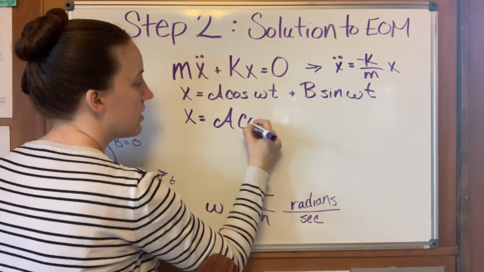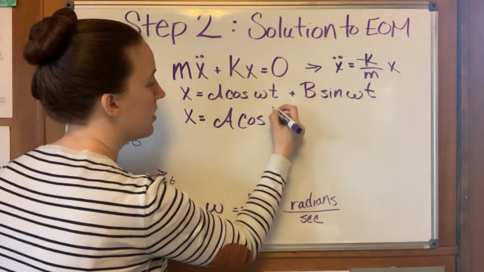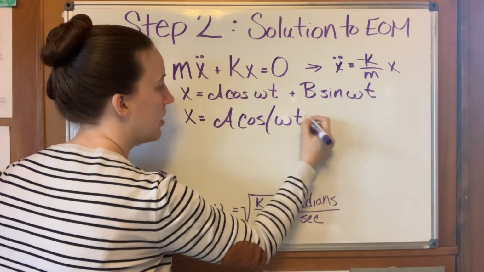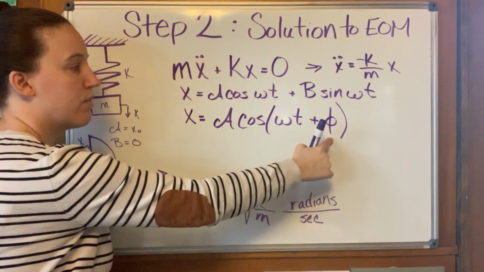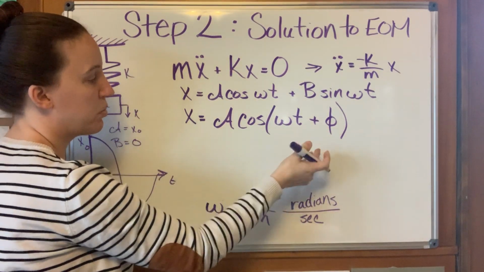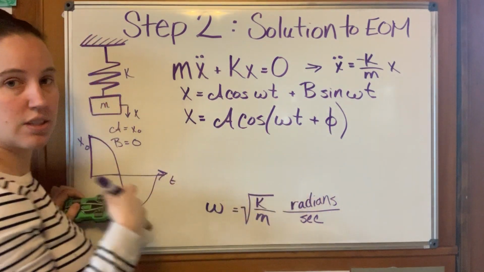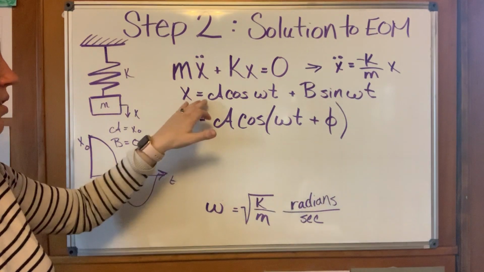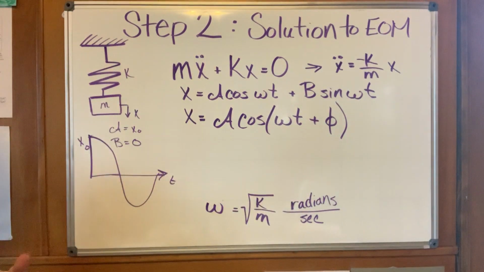I like cosine because the original amplitude is going to be your original displacement. But you could alternatively have a phase here, so now it would just be one cosine curve with a phase offset, and you could similarly solve for that. I find this a little bit more convenient, so that's what I recommend, but you could do either way.